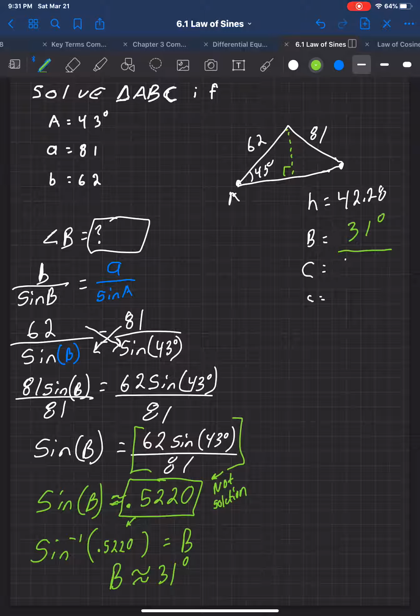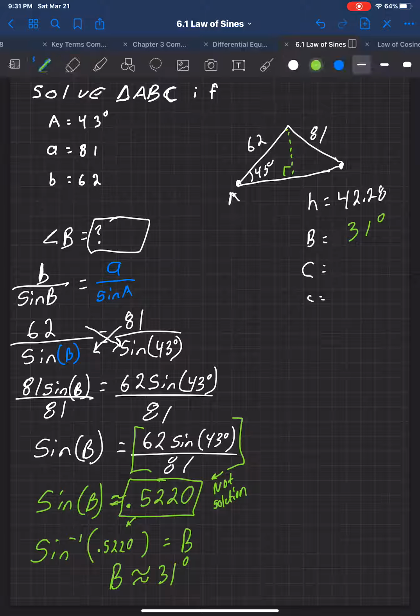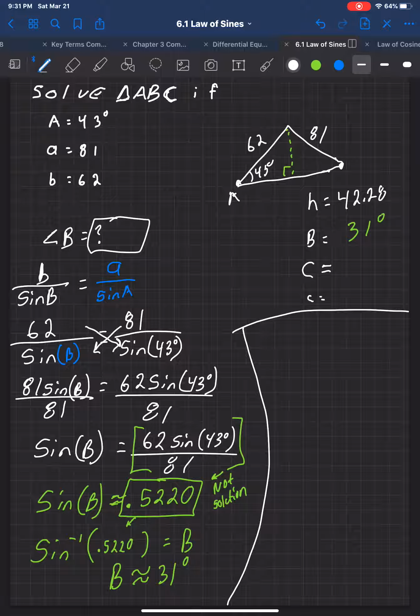The good news is, once I have angle B, I already had angle A, then you and I agree that angle C is going to be easy? Angle C is simply going to be 180 degrees minus 43 minus 31.